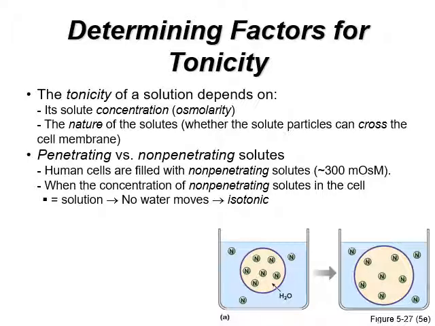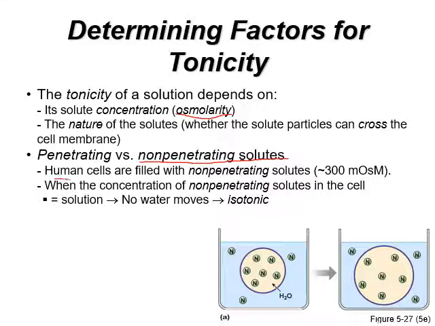All right, we've already said osmolarity is one of those factors. But osmolarity only tells you the number of solute particles that are in the solution. It doesn't tell you the nature of the solutes. And remember, I've said it many times now, it is the non-penetrating solutes that we care about because these are the ones that are going to determine where water moves. So non-penetrating solutes, 300 milliosmoles in the human cell, roughly.